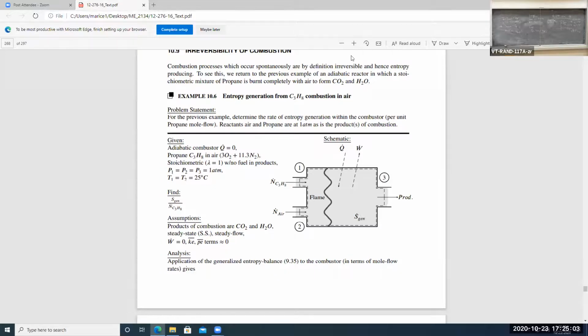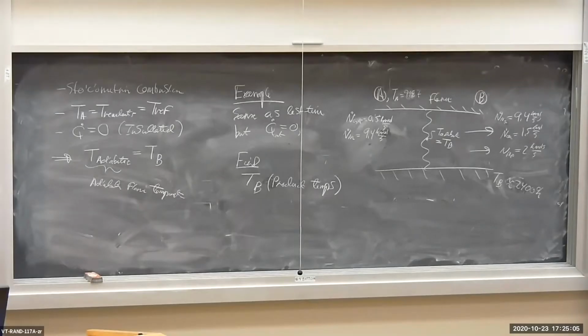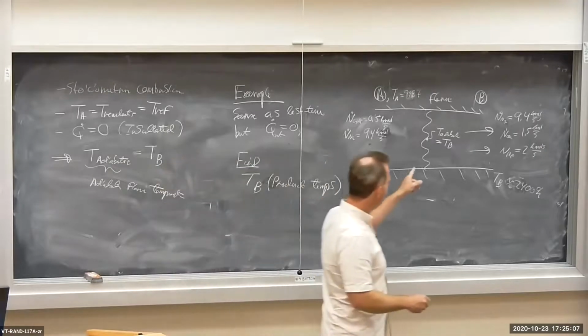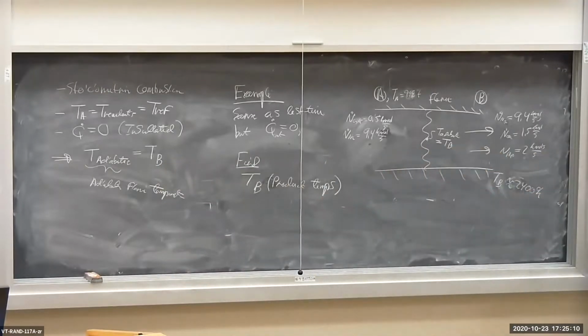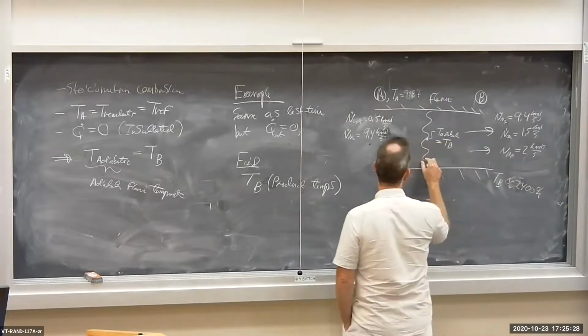So let's ask ourselves, you mix this fuel in this air, you light it with a spark or a little flame holder, and it burns. That combustion process, is it reversible or irreversible? It happens spontaneously in nature. It's got to be irreversible. So there should be some entropy generation right in this thin little flame front.